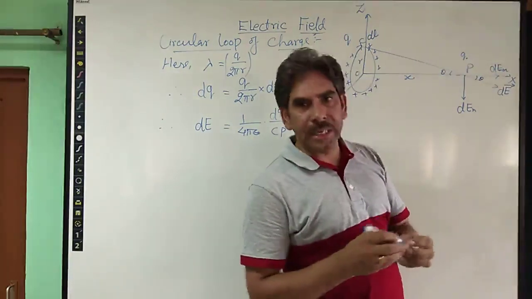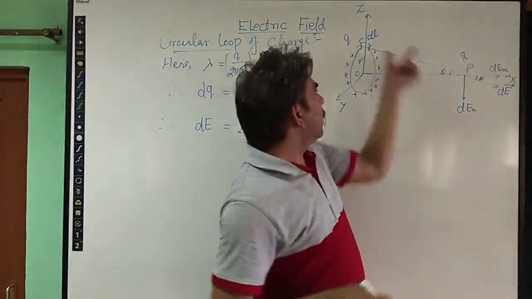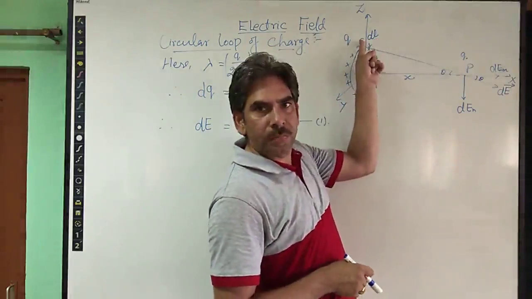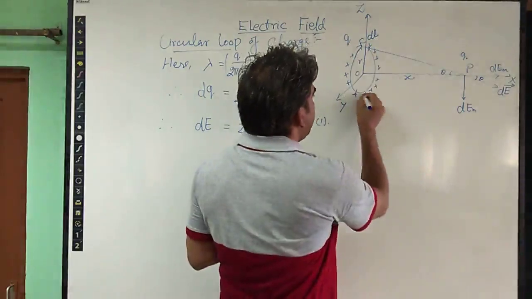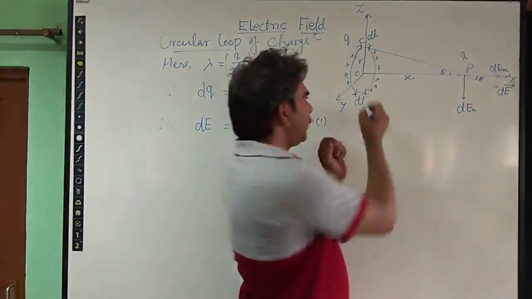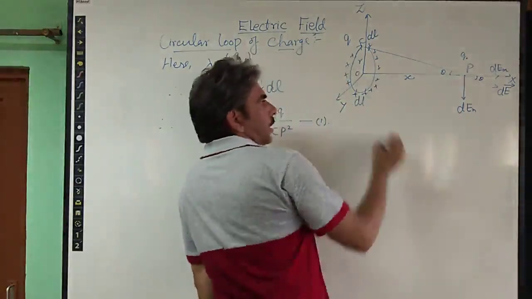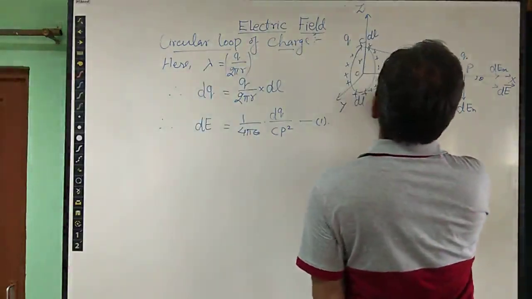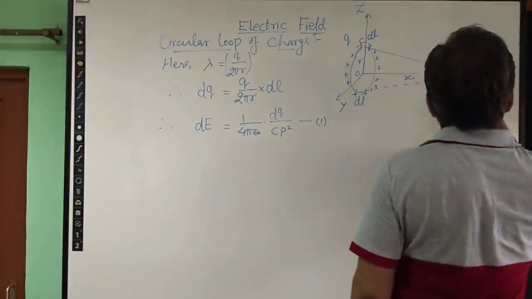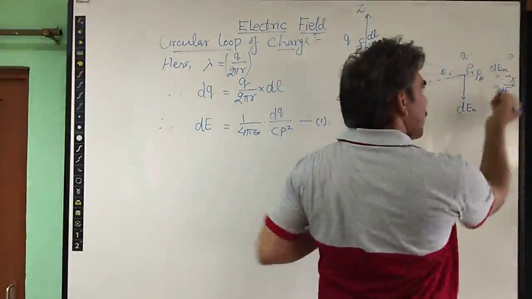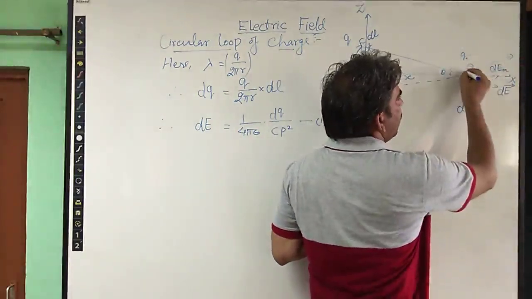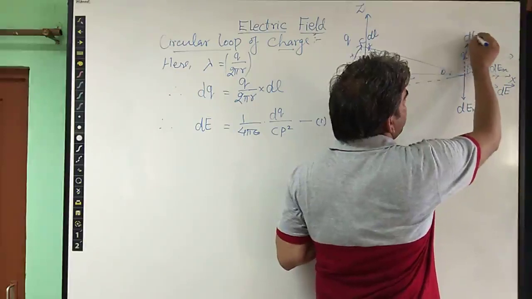Okay, what we understand from here is that we can find a similar length element right opposite to the first one. There may be a similar length element dl carrying the same amount of charge. It will also have the electric field at point P, which is directed opposite. It will also make angle theta, and it will also have the same component dEx along the x-axis and one in a perpendicular direction, which is dEn.